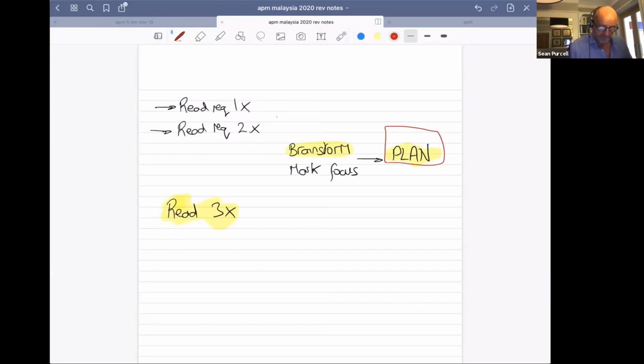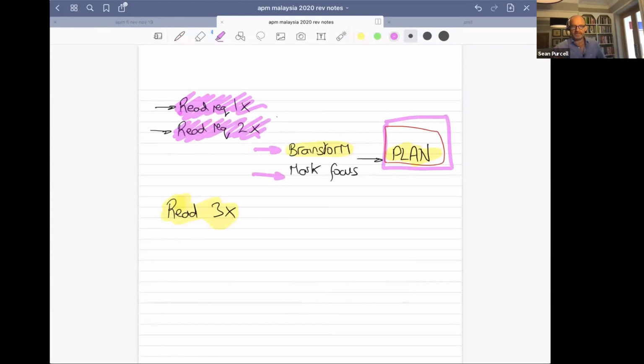So to overcome that, my advice would be you read the requirement once, you read the requirement a second time, and then if you can, do a brainstorm, do a mark focus, and that should facilitate you to have a plan.